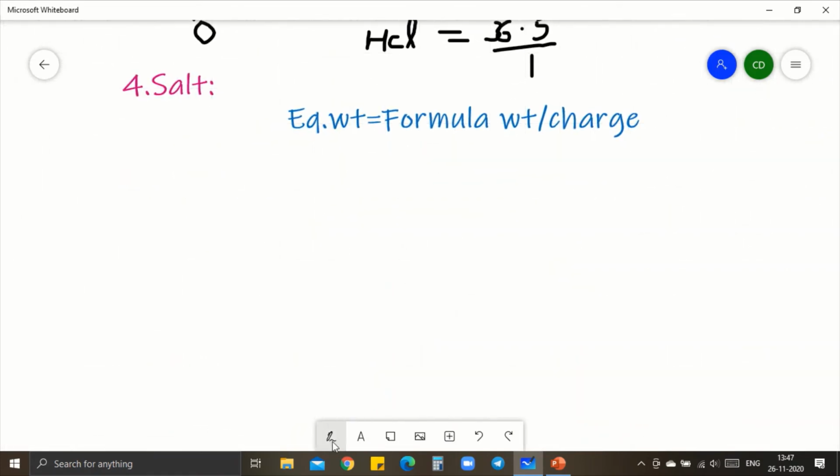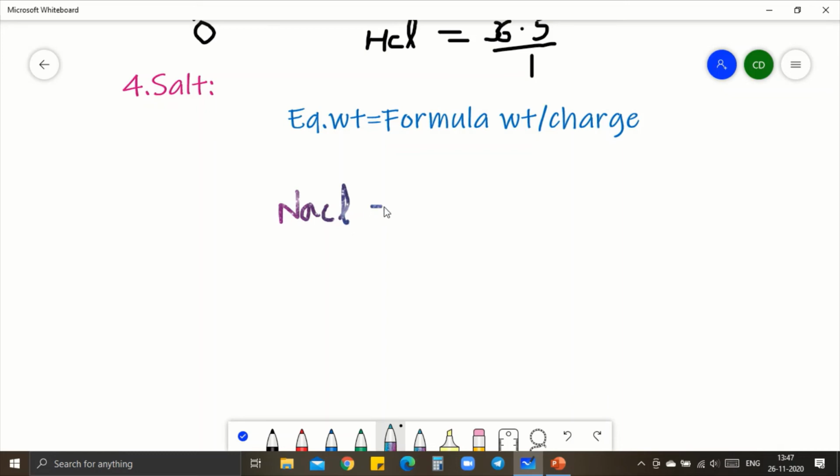Coming to salt. The equivalent weight of a salt is formula weight divided by charge. It refers to the ions. Like NaCl is a salt. So what is the weight of NaCl?